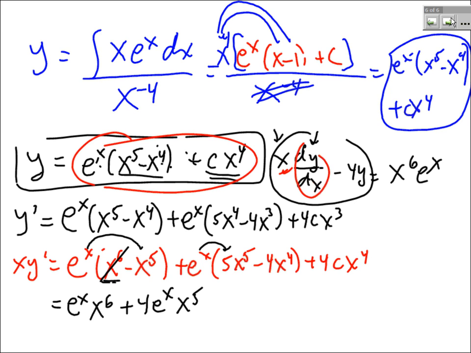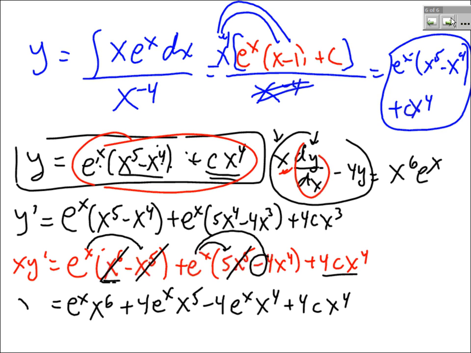So I dealt with this and that and that. And now I am taking away, because of that minus sign, 4 e to the x to the 4th, and I'm adding on that 4cx to the 4th. That is xy prime.